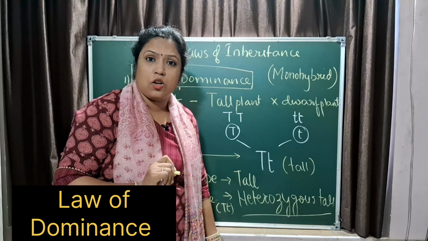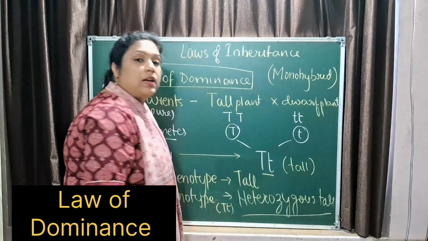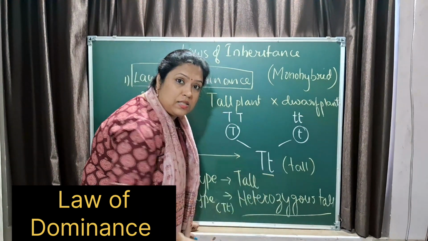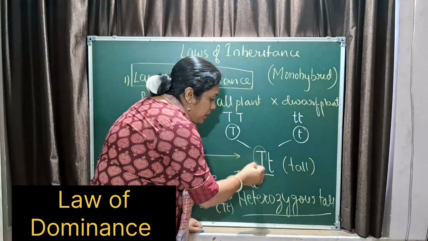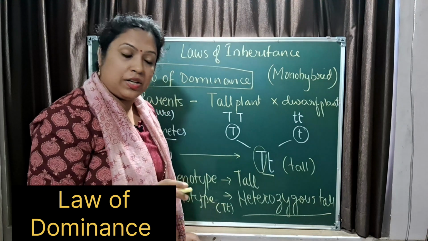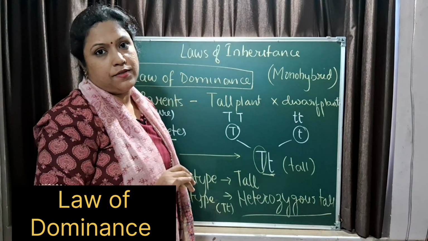So what is the law of dominance? Out of the 2 contrasting traits of a character, the one which expresses itself is a dominant trait and the one which remains suppressed is the recessive trait.